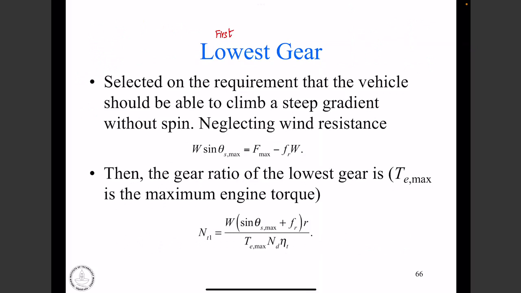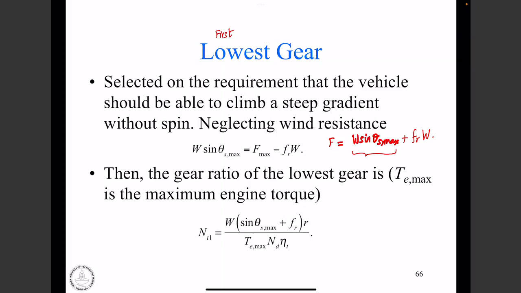When the vehicle is going on the grade, the tractive force that needs to be provided by the powertrain needs to overcome the grade resistance, the rolling resistance, and aerodynamic drag. So we neglect aerodynamic drag. As I told you, some people will neglect aerodynamic drag, some will neglect rolling resistance, some will neglect both. But the bottom line is that W sin theta S max will be the dominant one. So let's keep rolling resistance.